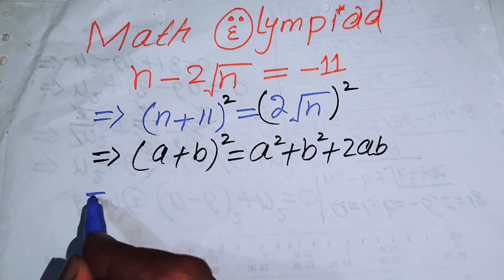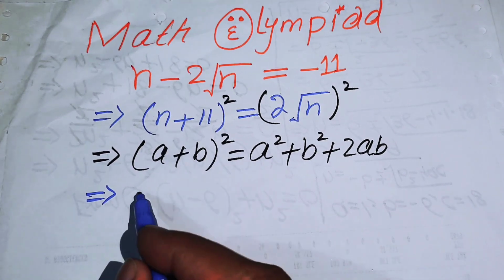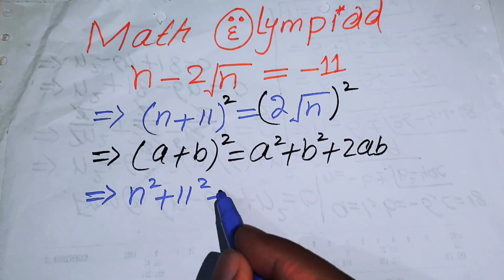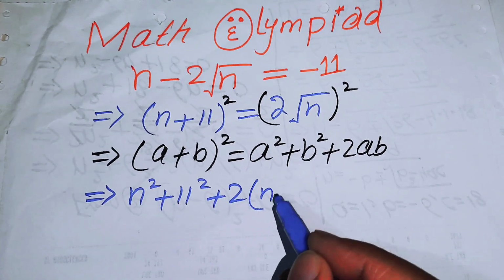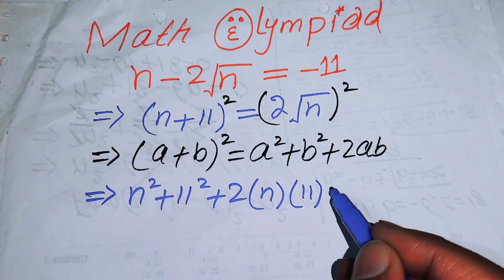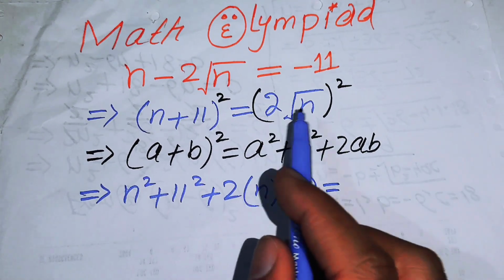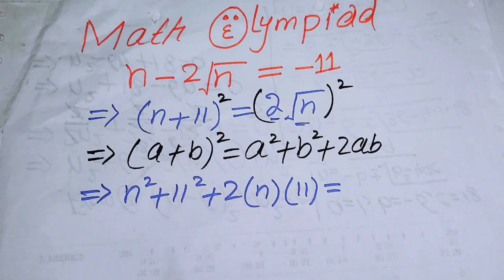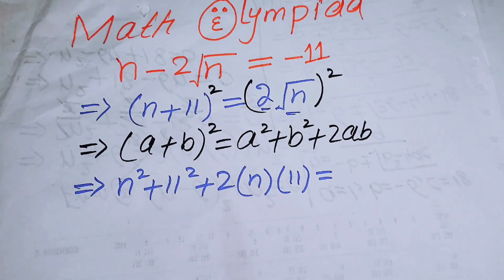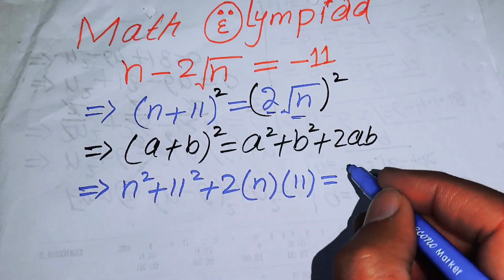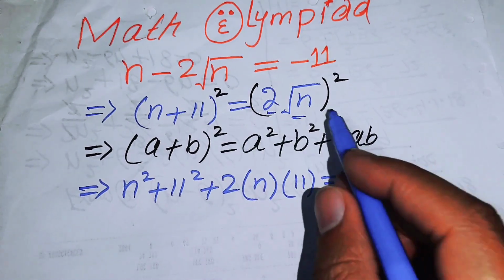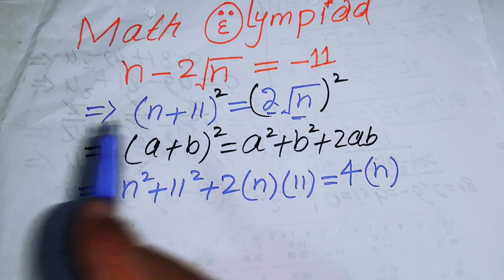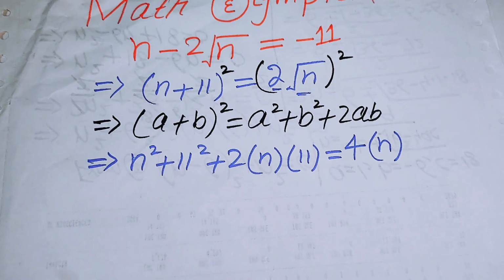After applying this formula, our above terms will become n squared plus 11 squared plus 2 times n into 11 equals, here we separate the square of 2 and the square of square root of n. So you get the square of 2 equals 4, and the square of square root of n equals n, because the square and square root cancel each other.